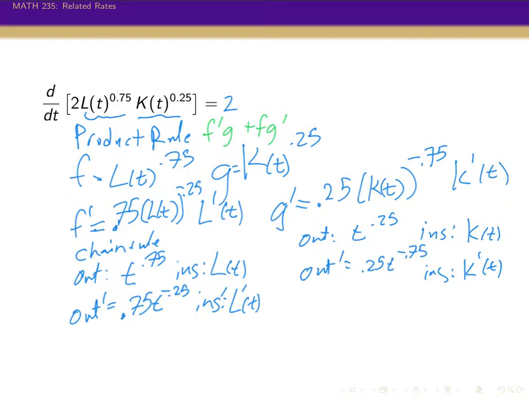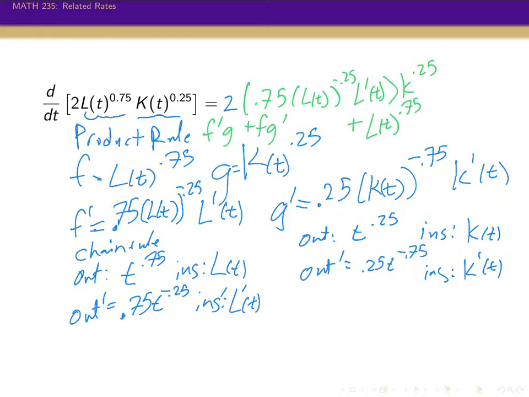So f prime g is going to be 0.75 L of t to the minus 0.25 L prime of t times k to the 0.25, and then plus f g prime, L of t to the 0.75 times g prime, which is going to give us a 0.25, which I'll pull out front, k of t to the minus 0.75 times k prime of t.